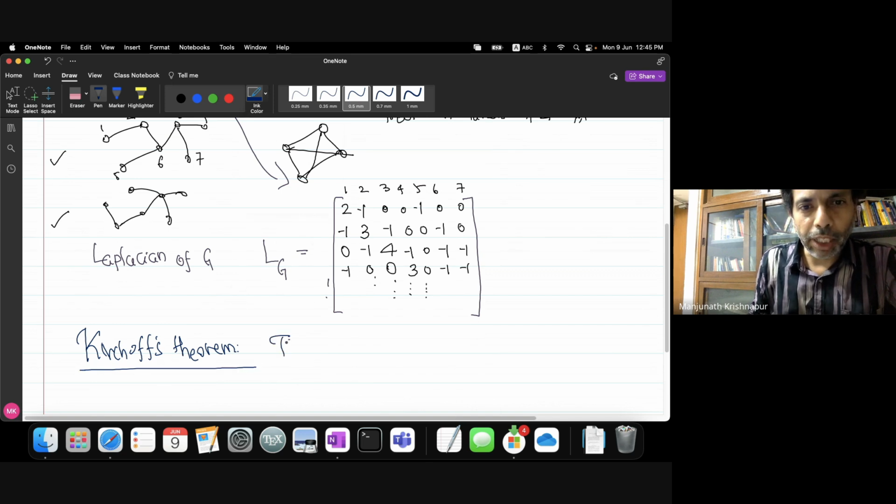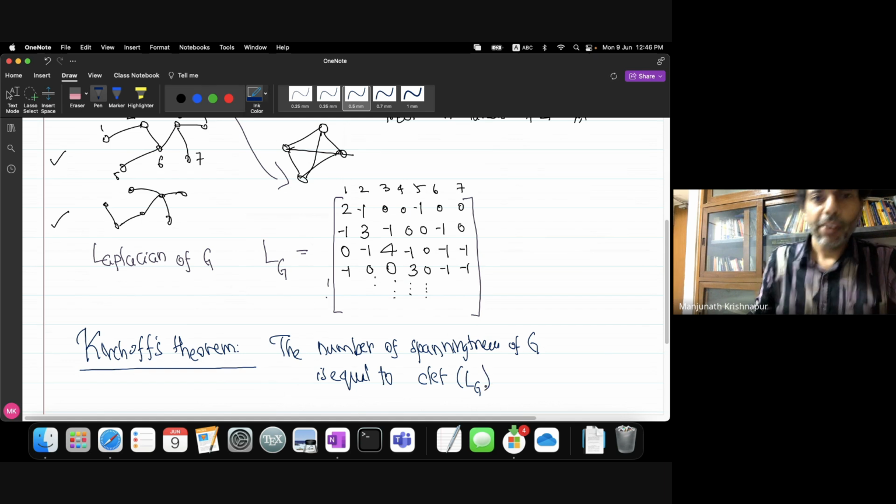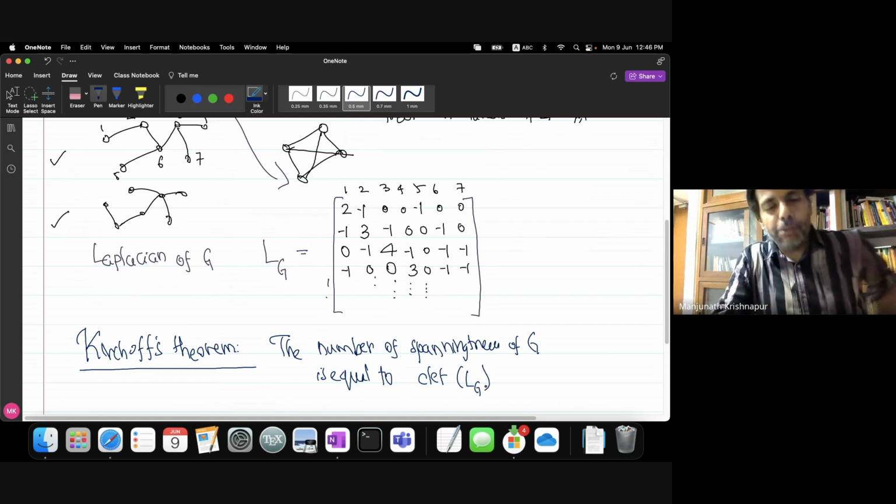The number of spanning trees of G is equal to, so first let me write determinant of LG. This can't be true. Why?